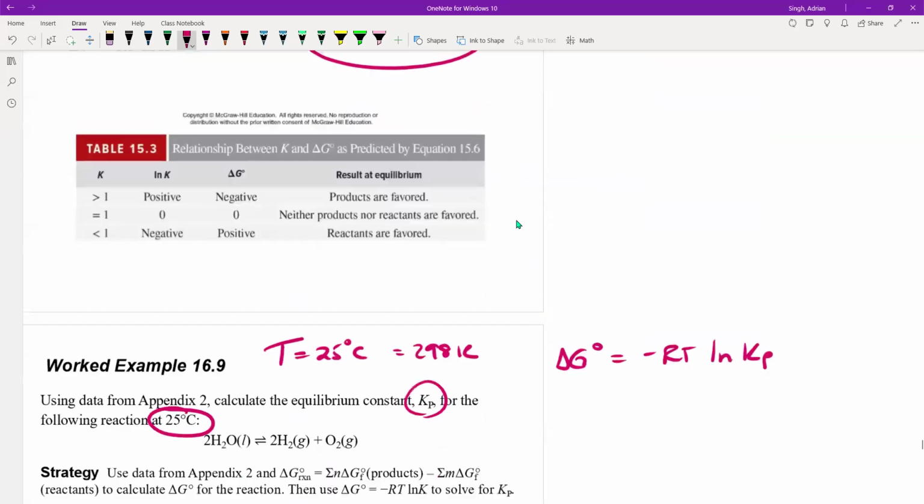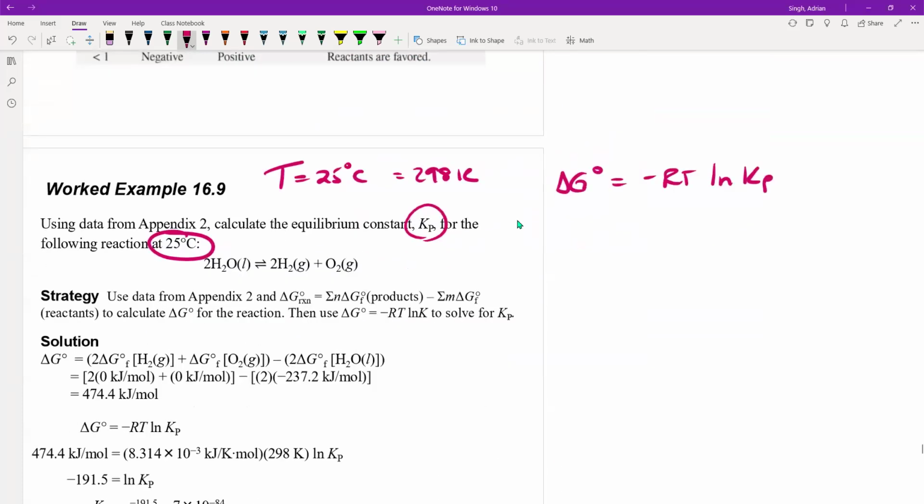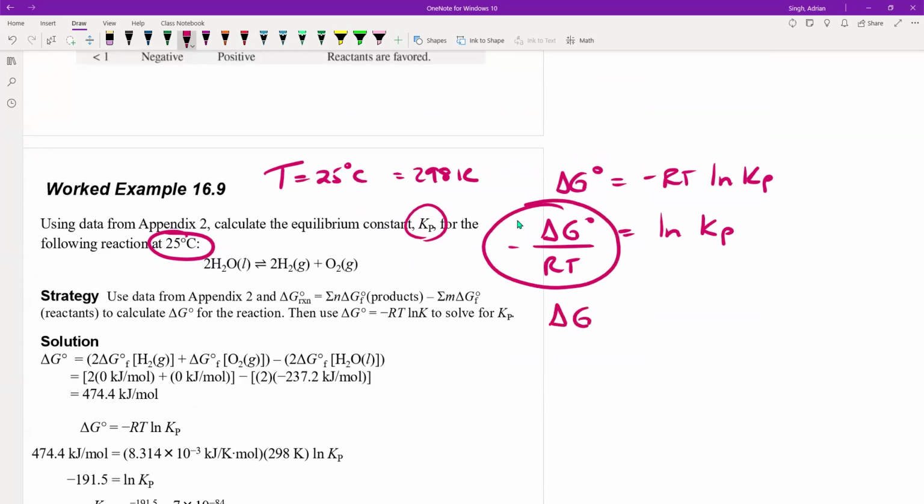So what we need to find here, can we just rearrange it really quick? We have delta G naught divided by negative RT is equal to the natural log of Kp. So first of all, we need to find this side. Our delta G naught, standard Gibbs free energy, we can calculate using data tables in the appendix.